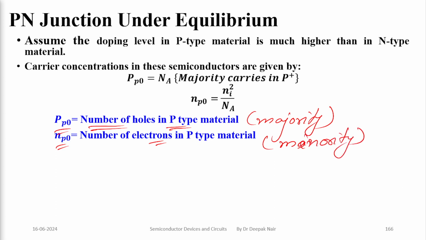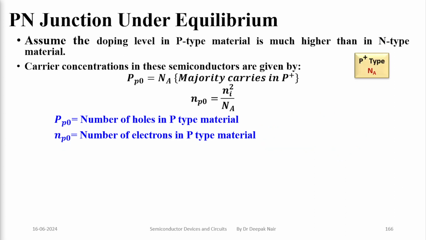Okay, let's continue. How can we represent the energy band and the Fermi energy level in case of P plus type semiconductors? For that, we can draw the energy band diagram. Here we have EC, the conduction band, EV, the valence band, and EI, the energy level of pure semiconductor, which is at the center of EC and EV.